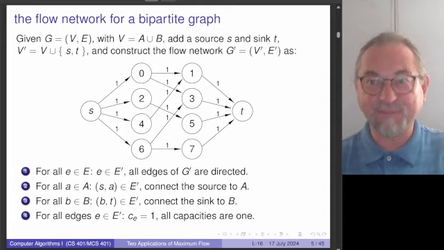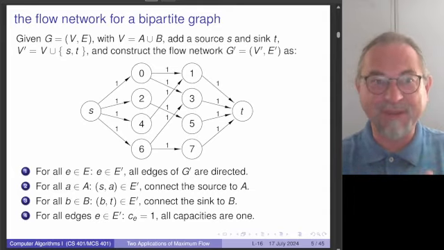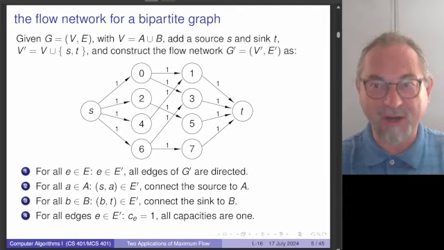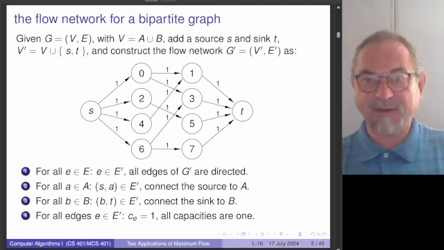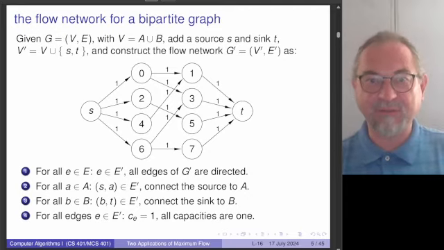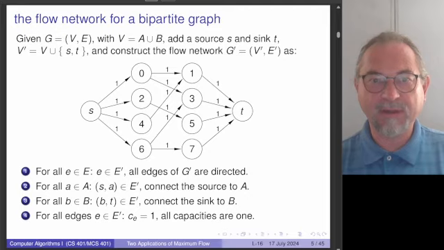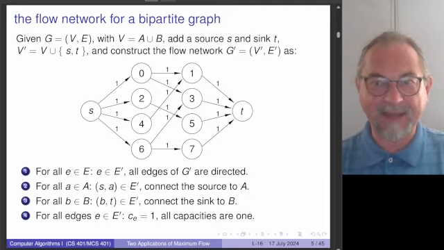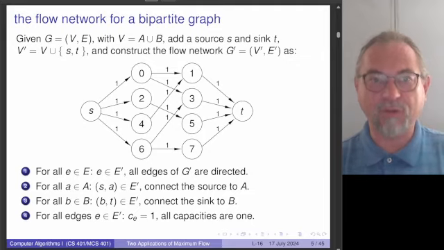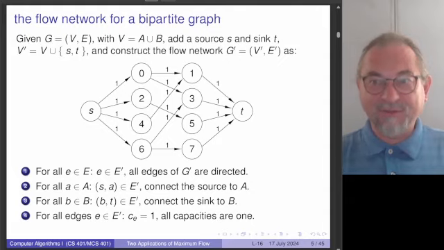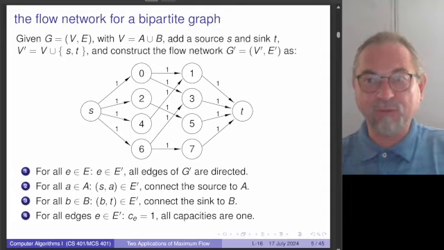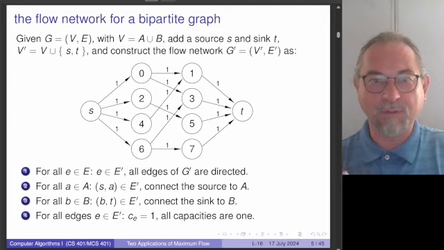This is a transformation. The making of this graph G prime happens in linear time in the input size. We need to run over all the nodes and over all the edges. The number of edges that we add equals 2 times n, where n is the total number of vertices. That is a transformation of one problem, the bipartite matching problem, into a flow network problem.